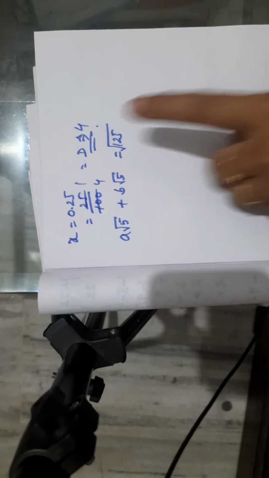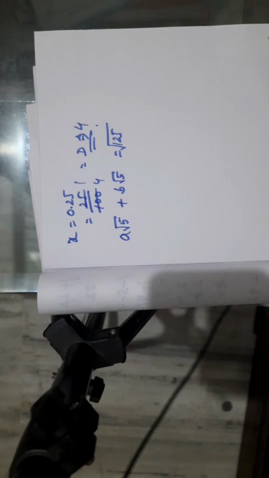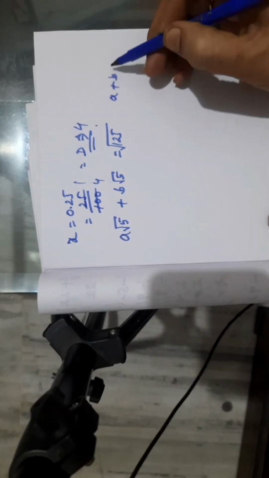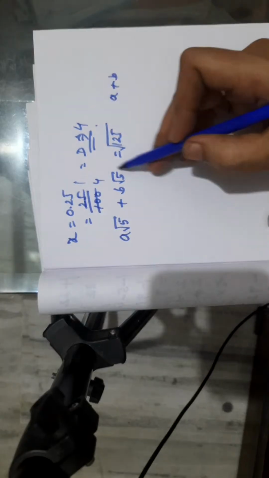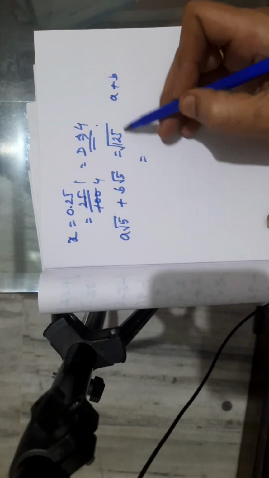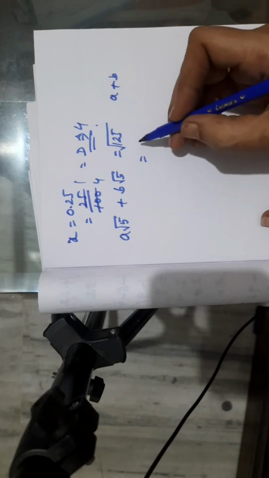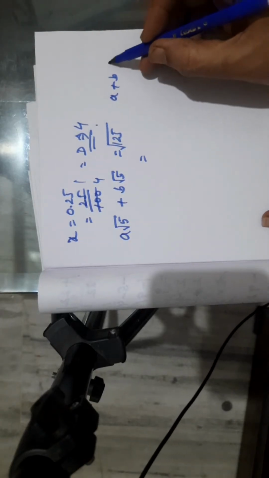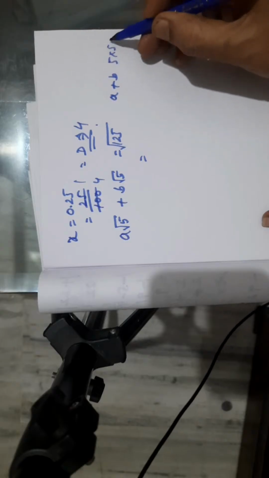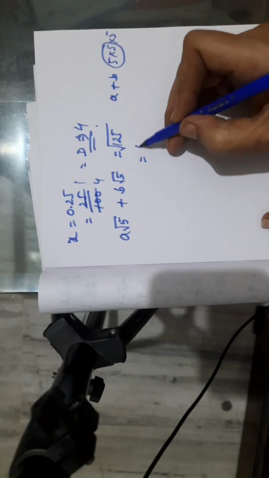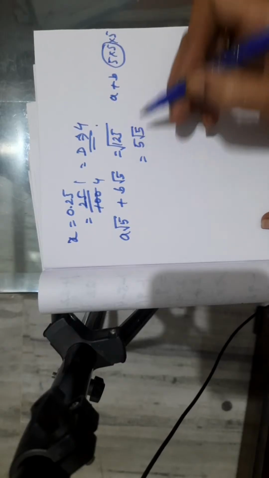Now you need to find what A plus B is. First you bring this in the form of root 5. You can write 125; if you find the prime factors, 5 appears 3 times. So one 5 we can bring out of the root as it is a square root. So it is 5 root 5.